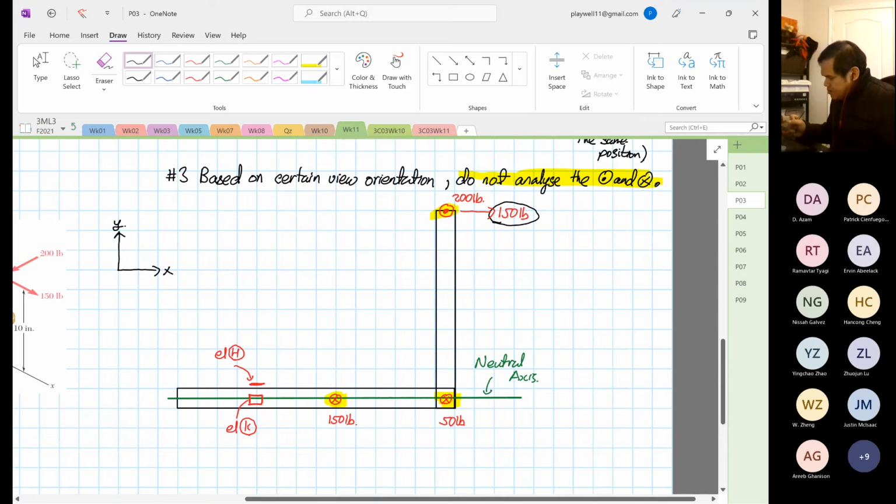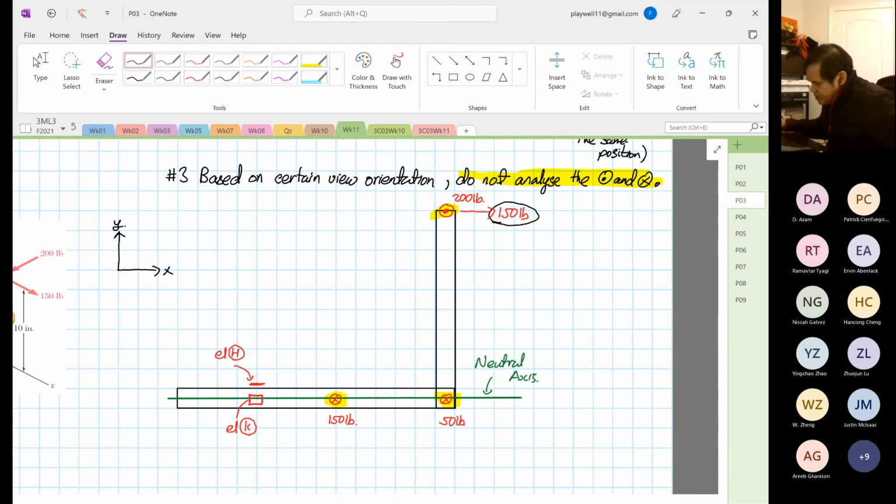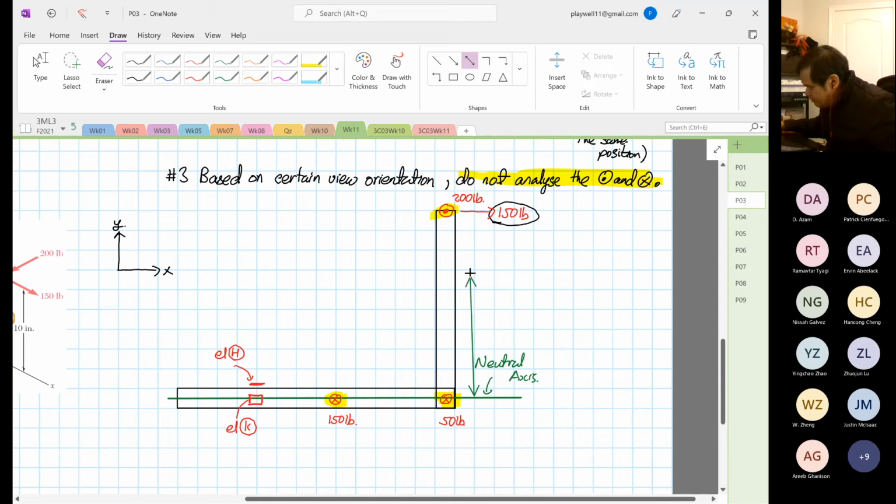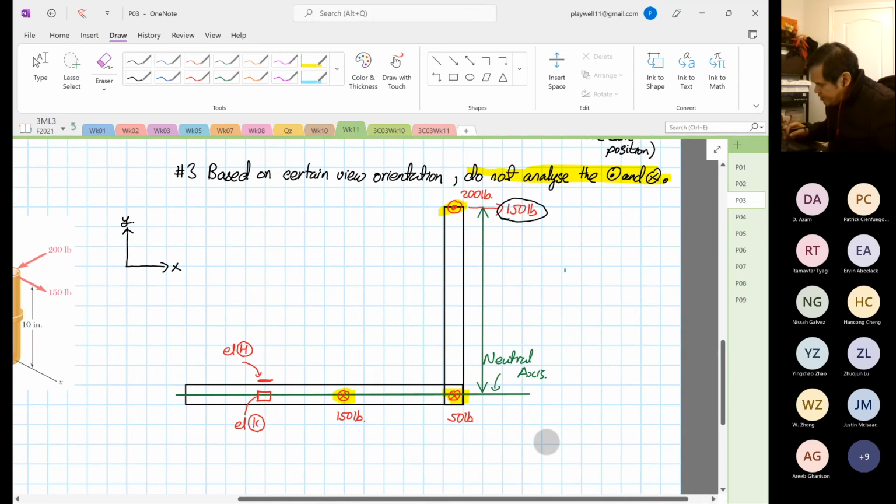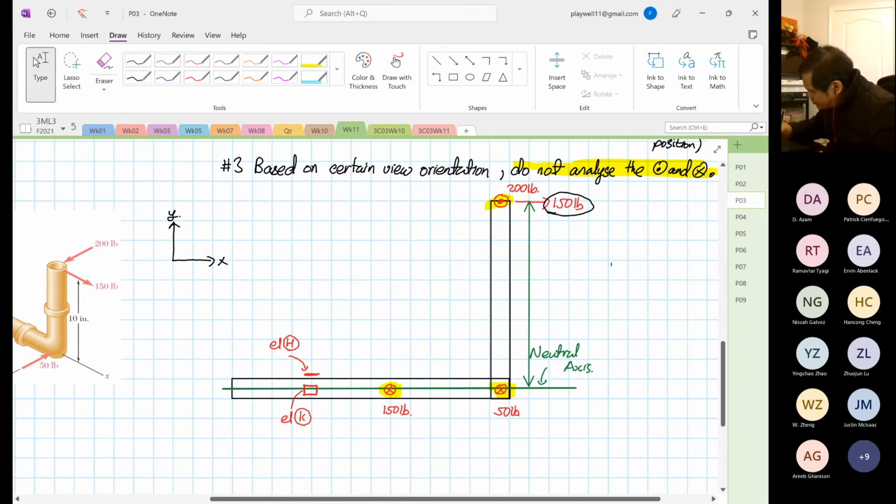So if you look at 150 relative to the neutral axis, that's why I say the neutral axis is ever so important. You have to identify the neutral axis. So we know that you have a distance over here. You have a perpendicular distance over here. Then this perpendicular distance is 10 inches.